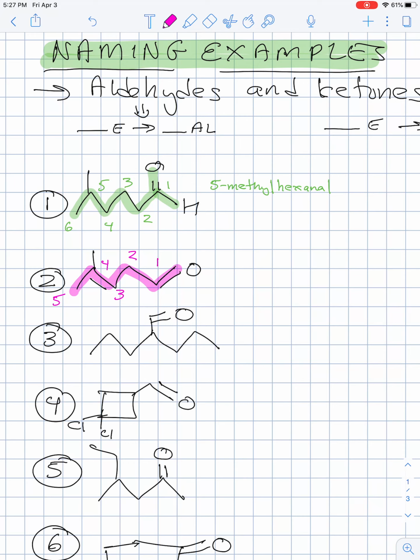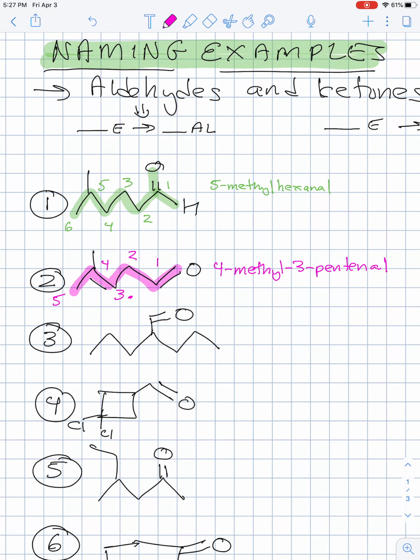So this would be a 4-methylpentene, so we're going to drop the E and replace it with Al. So we have 4-methyl-3-pentenal.